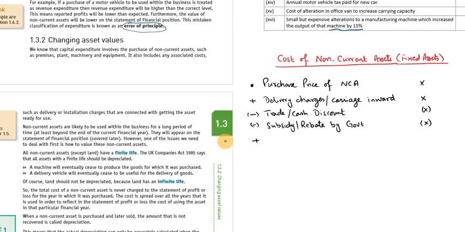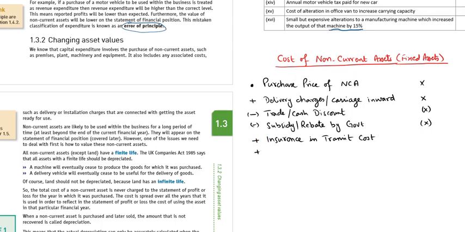Add insurance in transit cost. In simple words, insurance cost, we add the insurance cost.